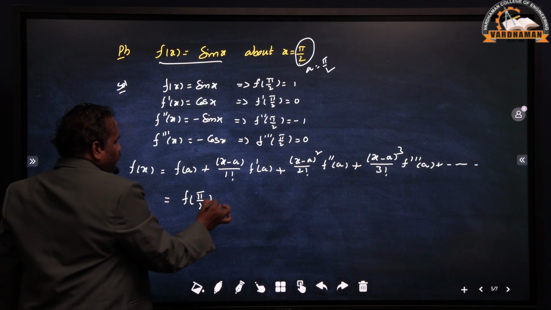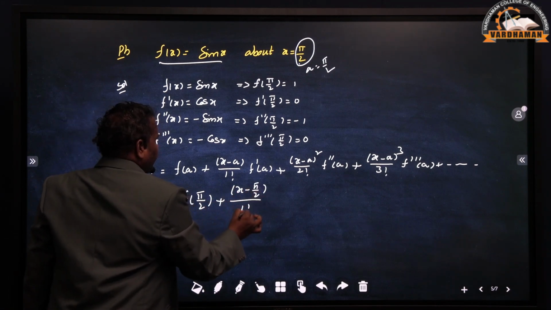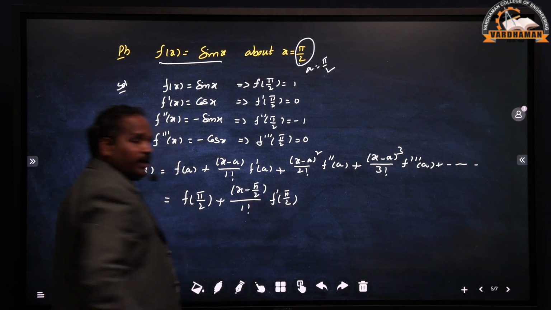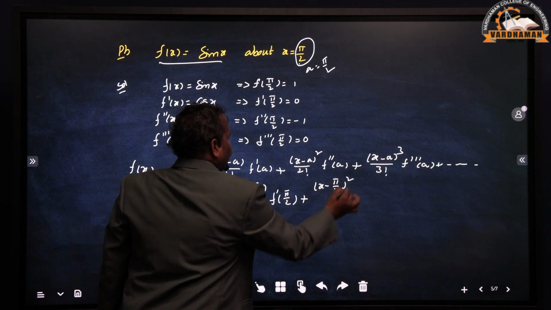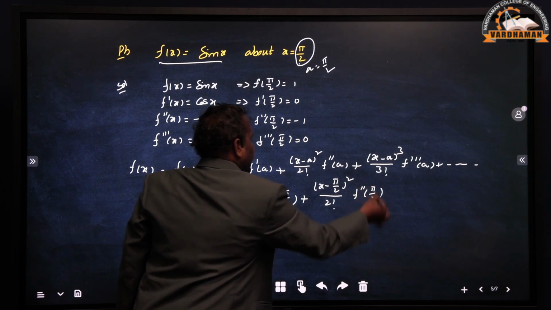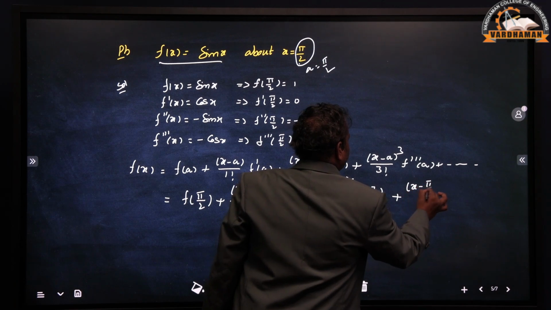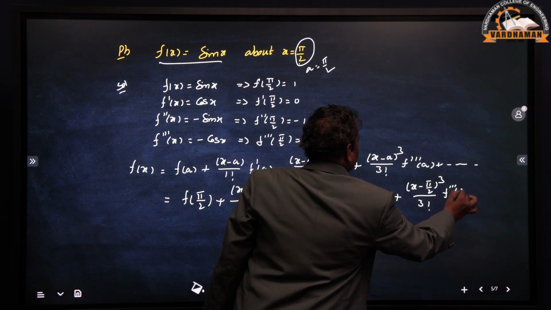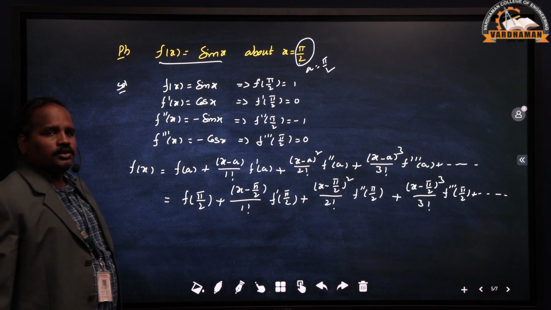Replace a with pi/2 in this formula: f(pi/2) plus (x minus pi/2)/1! into f'(pi/2) plus (x minus pi/2) whole squared/2! f''(pi/2) plus (x minus pi/2) whole cubed/3! f'''(pi/2) plus and so on.